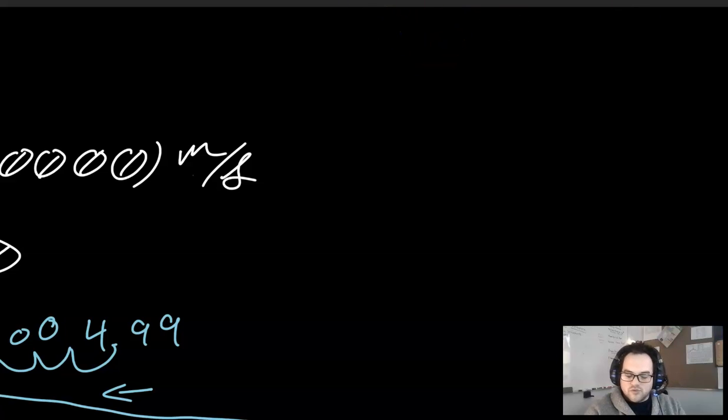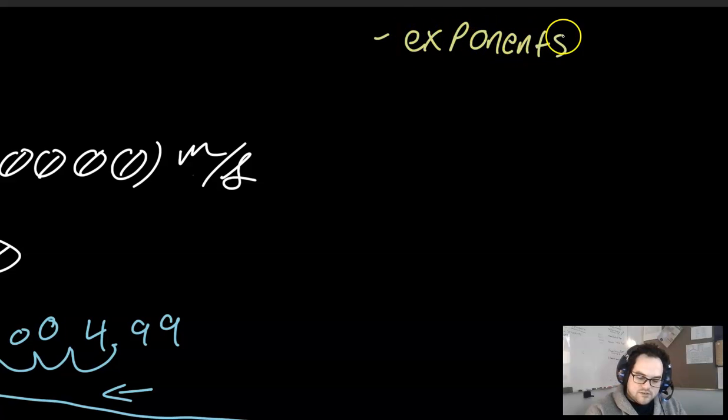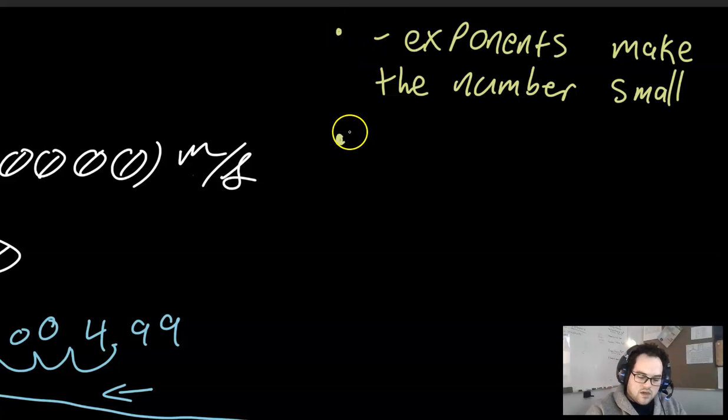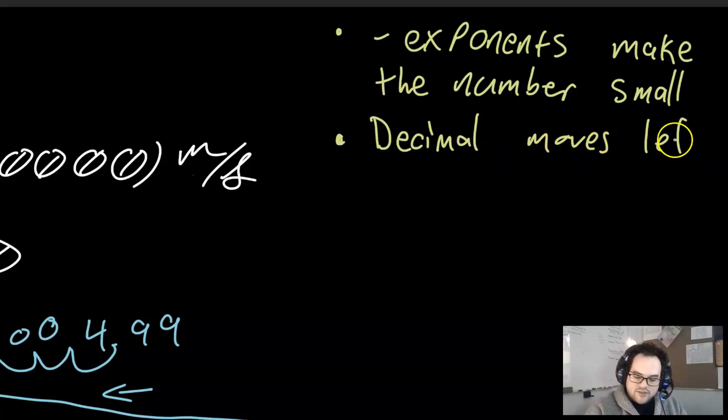So, here's something to remember. Negative exponents make the number small, okay? And the decimal moves left.